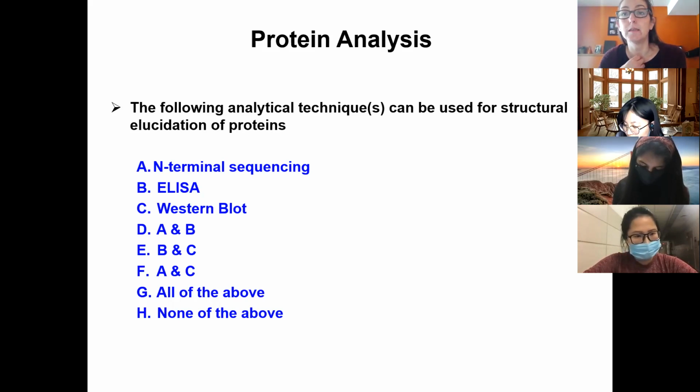So it is an immunoassay. It's not necessarily telling us structure. It's telling us interaction of a protein with an antibody. Is it interacting? Is it not interacting? Is it immunoreactive? Is it not immunoreactive? So it's not really structure information.